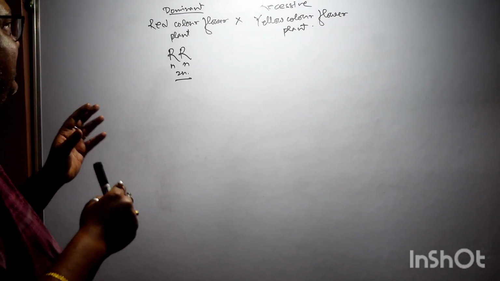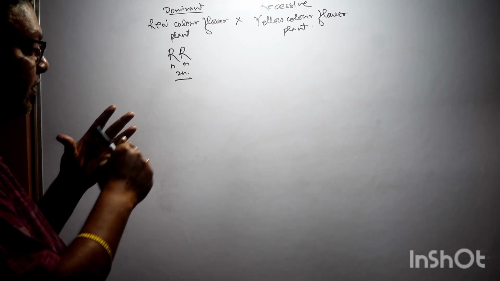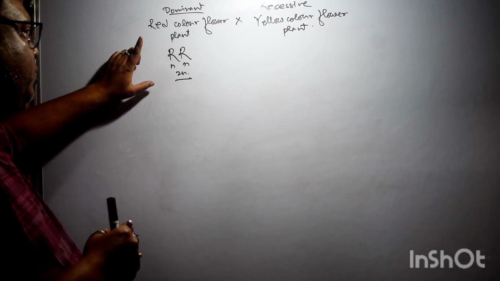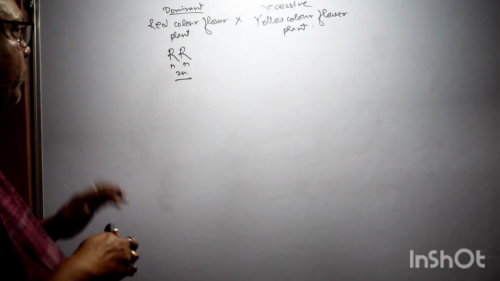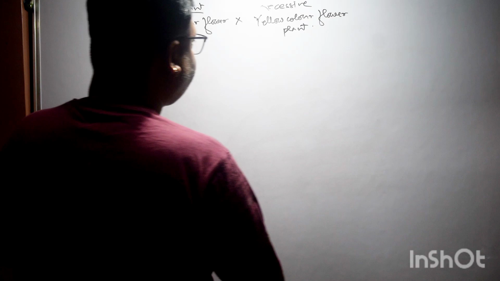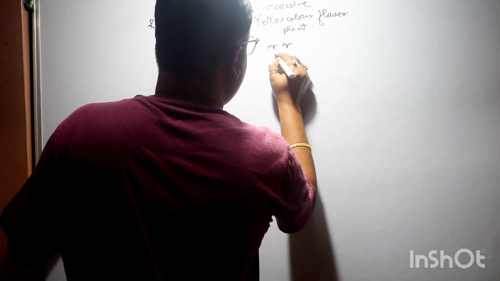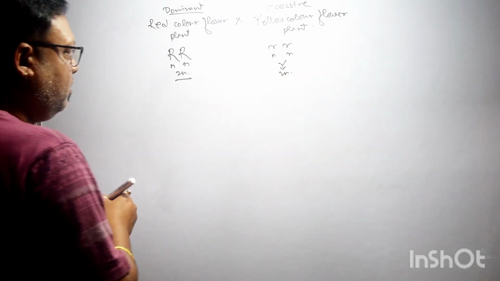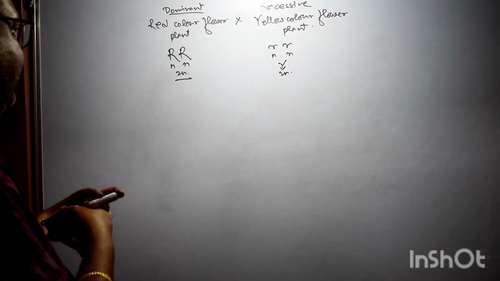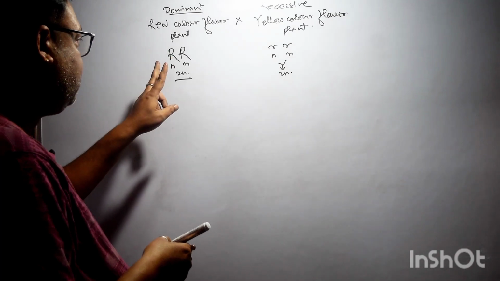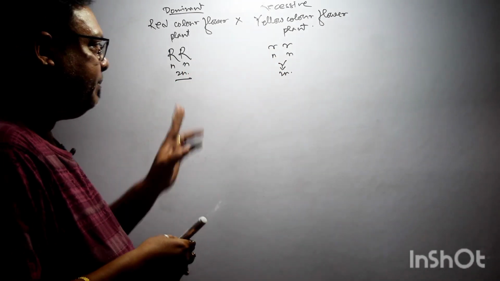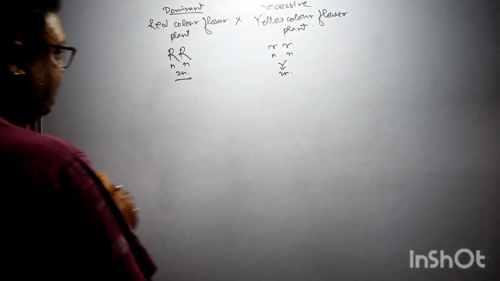So as the color of the flower is shown by the petals of the flower, which are somatic cells in nature, capital R, 2 R's, depicting 2N. Similarly here also small r, 2 R's, depicting 2N, the diploid somatic cells of the plant.